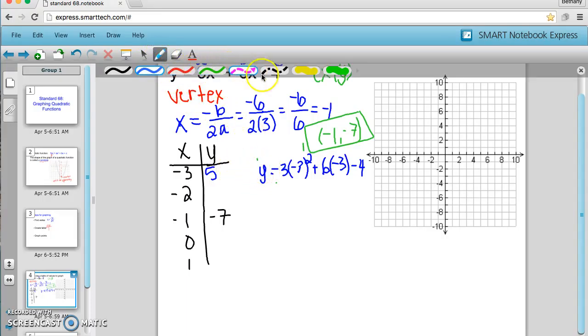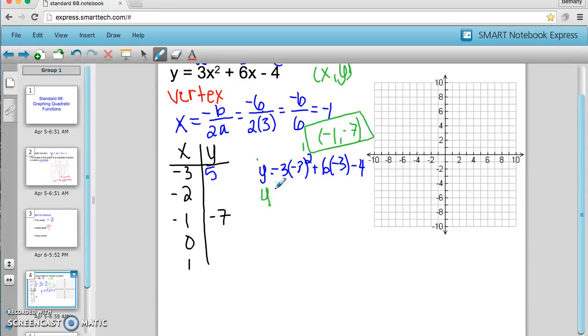Okay, so now I need to go through and plug in my -2. I would do the same thing. So y equals my 3, and then I'm going to plug in -2 for x. So -2 squared, and then plus 6 times -2 and -4.